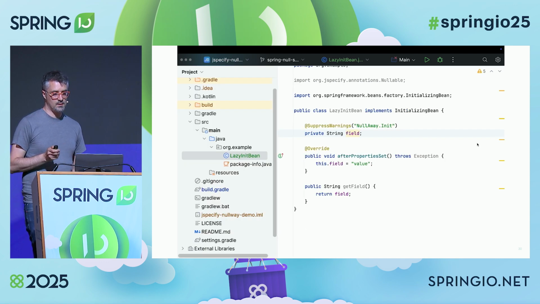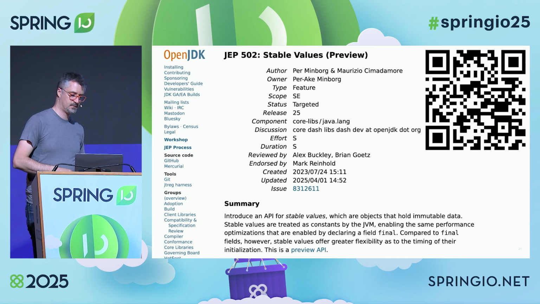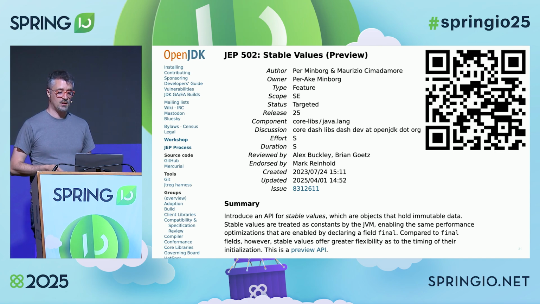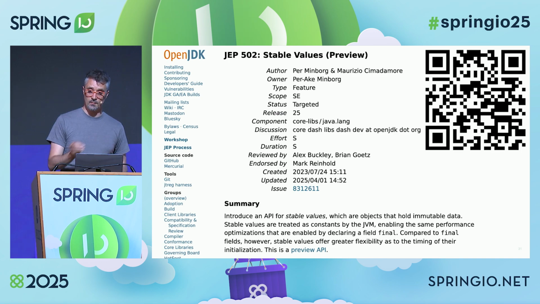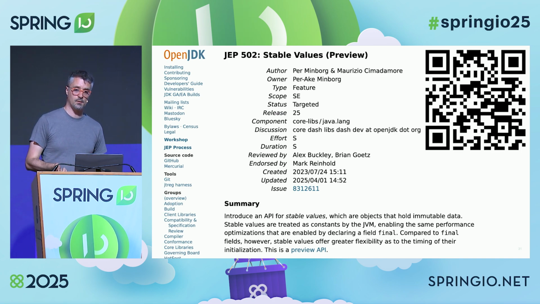So there is not really a nice way to solve that yet in Java. Stable values, which is targeting Java 25, is a JEP that will potentially solve that. Stable values allow you to lazily initialize something, have some JVM optimization, and have some semantics that basically ensure that when you get the value, it is initialized.